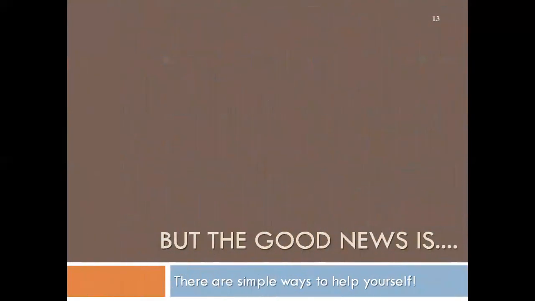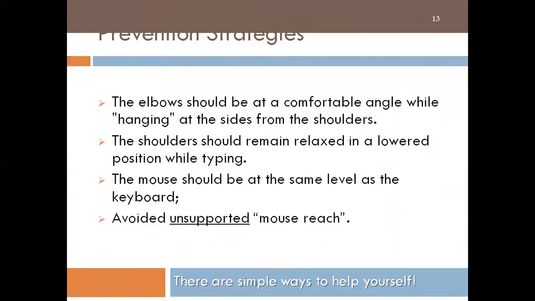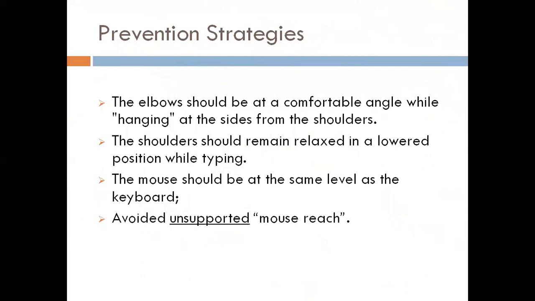Now, what is the good news? Prevention strategy: how we can prevent health issues by using the principles of ergonomics. The elbow should be at a comfortable angle while hanging at the sides from the shoulders. Shoulders should remain relaxed in a lowered position while typing.